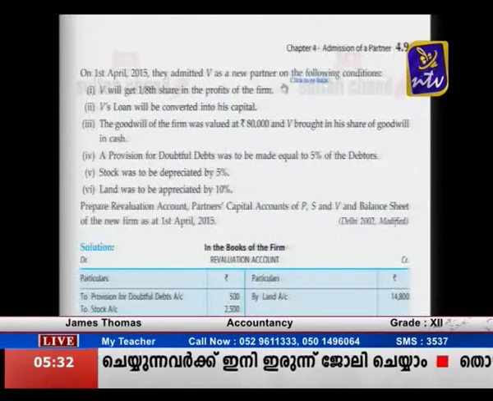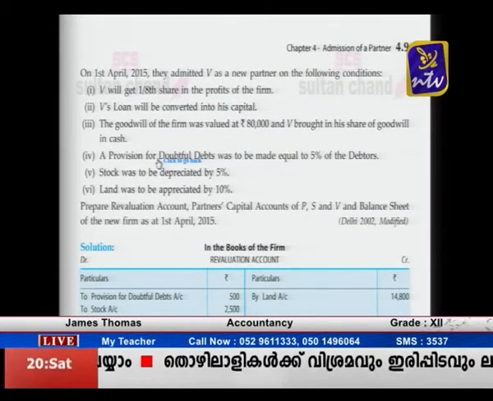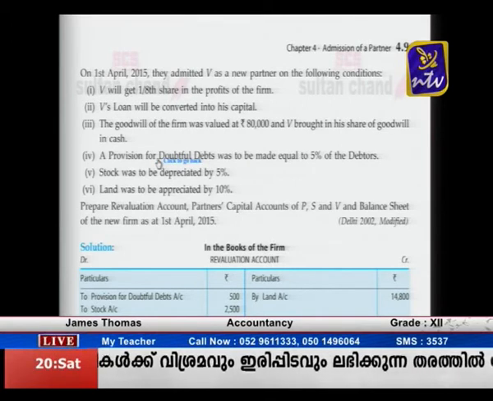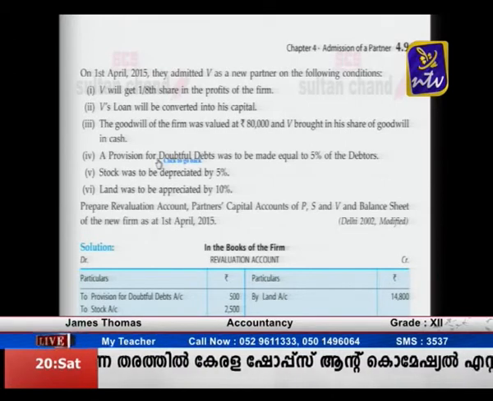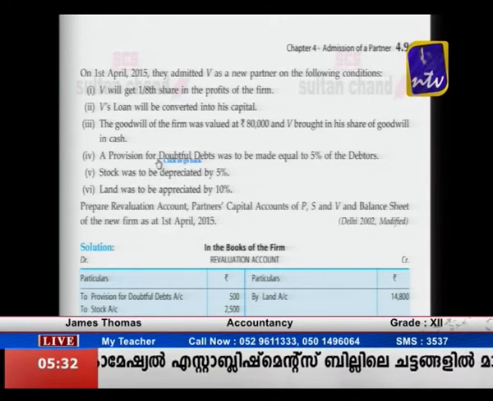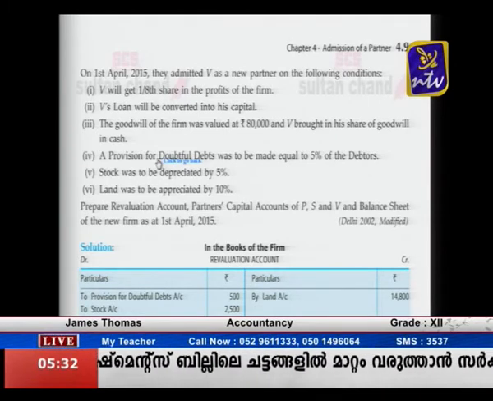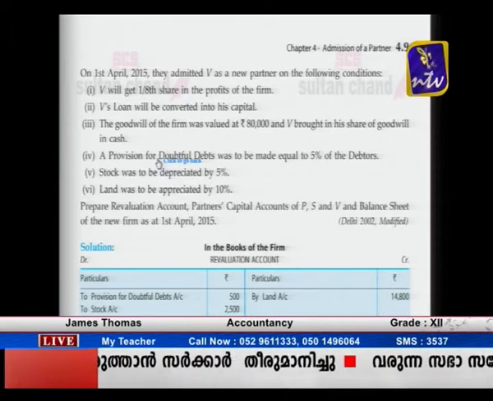And also the adjustments. On 1st April 2015, they admitted a new partner, V, who will get a 1/9 share in the profits of the firm. V's loan will be converted into his capital account, and goodwill of the firm is valued at rupees 80,000, and he brought in his share of goodwill in cash.